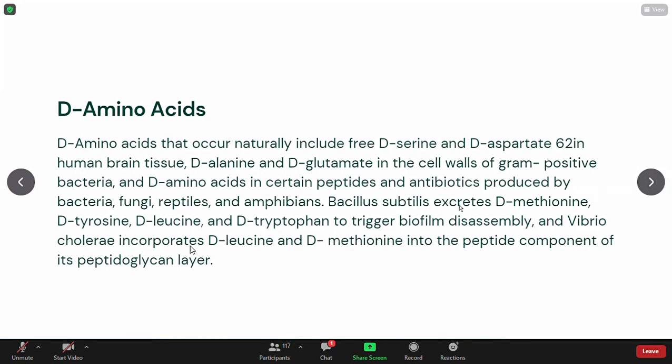Bacillus subtilis forms D-methionine, D-tyrosine, D-leucine, D-tryptophan. And Vibrio cholerae incorporates D-leucine and D-methionine into the peptide component of its peptidoglycan layer, as the bacterial envelope.